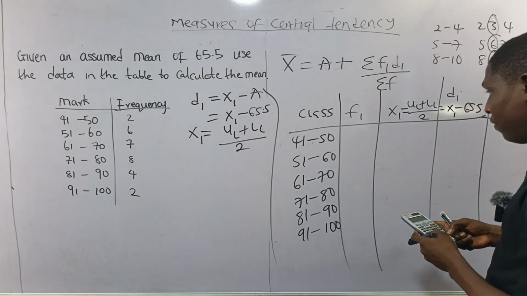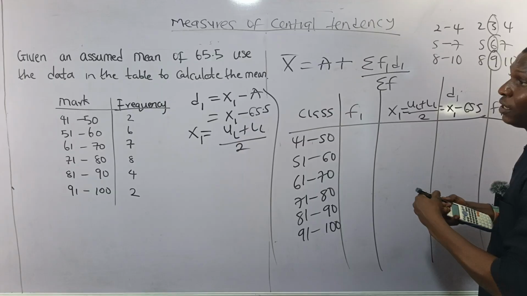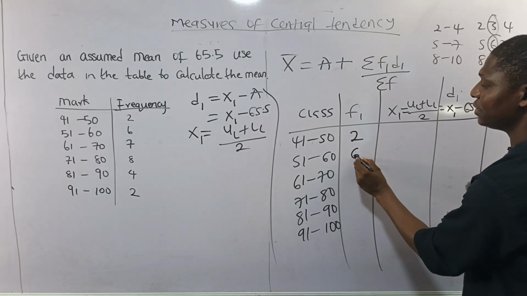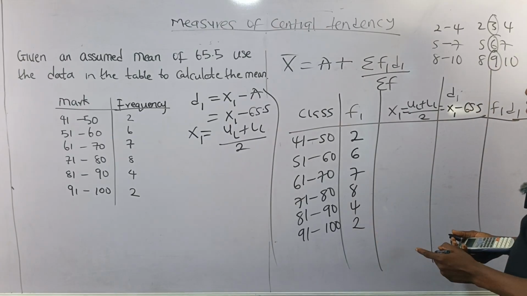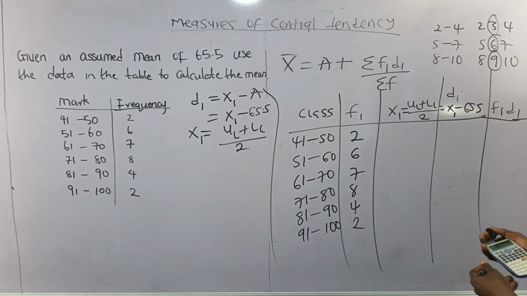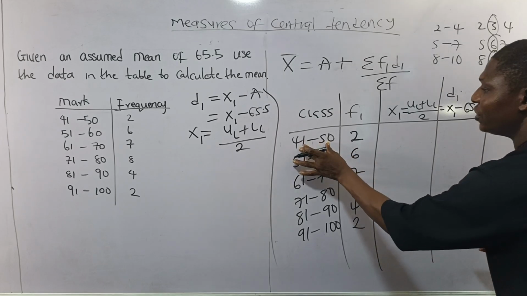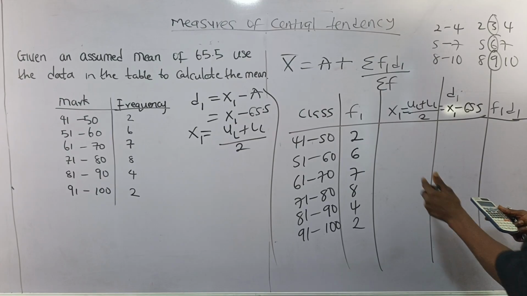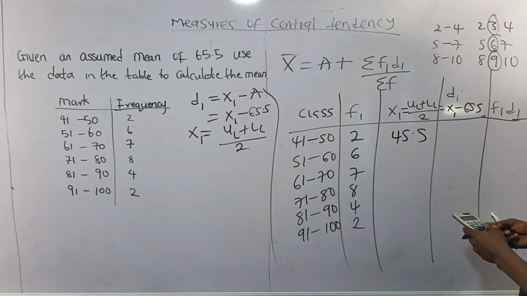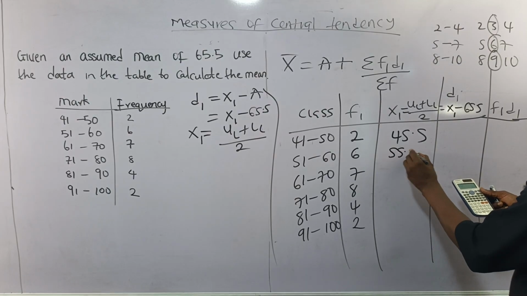Now, my frequencies are 2, 6, 7, 8, 4, and 2. So we add up the class limits and divide by 2. 41 plus 50 divided by 2 gives us 45.5. 51 plus 60 divided by 2 gives us 55.5.